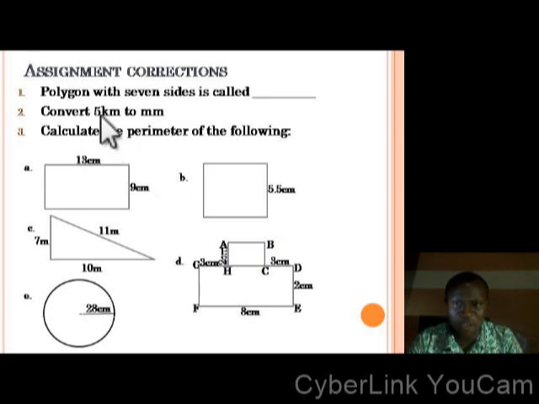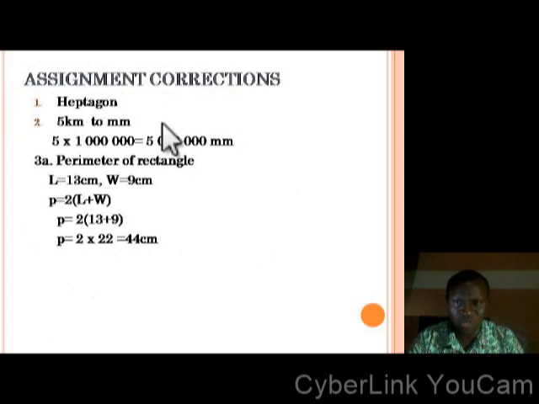In the case of changing kilometers to millimeters, we use the connection between the two of them. 1 million millimeters is equivalent to 1 kilometer, meaning that converting kilometers to millimeters we multiply by 1 million. That is exactly what we demonstrated here by saying 5, which is given to us here, times 1 million, which will give us 5 million millimeters. And that is the answer to that particular one.